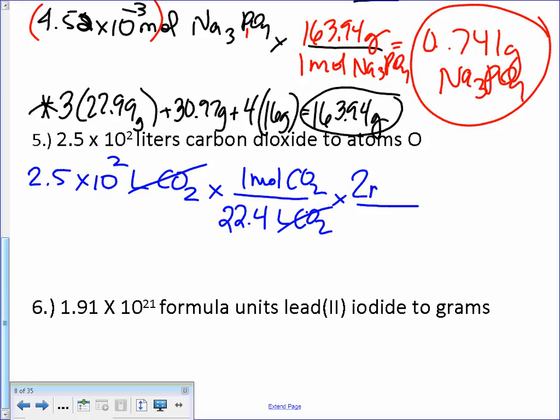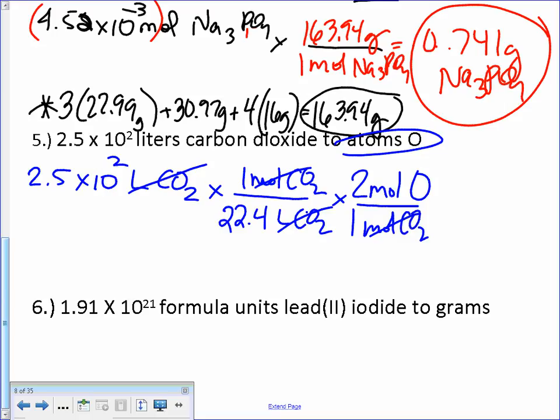So there's 2 moles of oxygen inside of 1 mole of CO2. You're just looking at the subscript, and there's a 2 there, so you put 2 moles of oxygen there. I'm telling you this now because it actually saves you a lot of steps. Sometimes these will be like 5 steps if you don't do that. Ain't nobody got time for that, okay? So the moles of CO2 cancel. We're in 2 moles of oxygen.